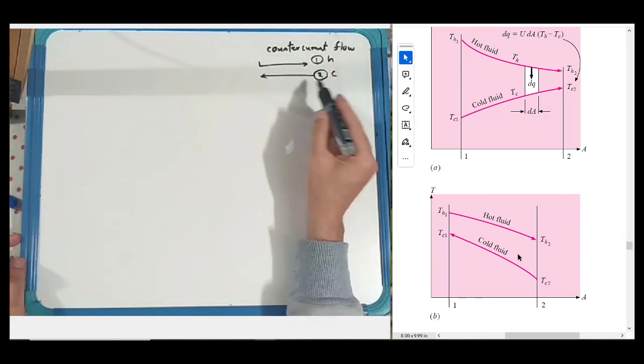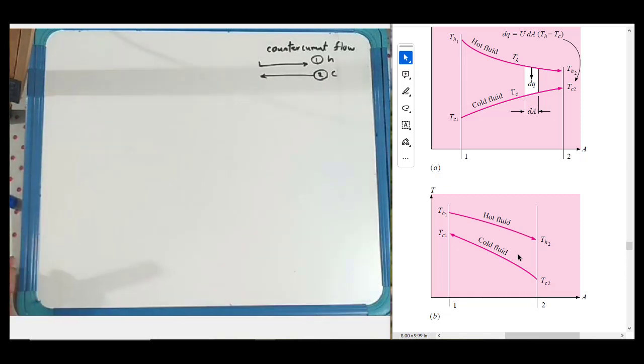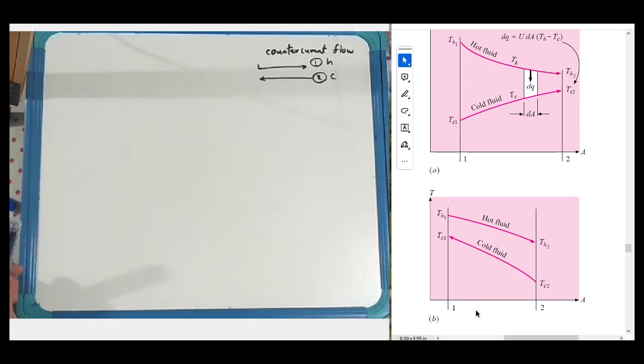The directions of these two fluids are different, so we should use the second diagram. We want to calculate delta Tm, so we should change the cross section 1 to 2.